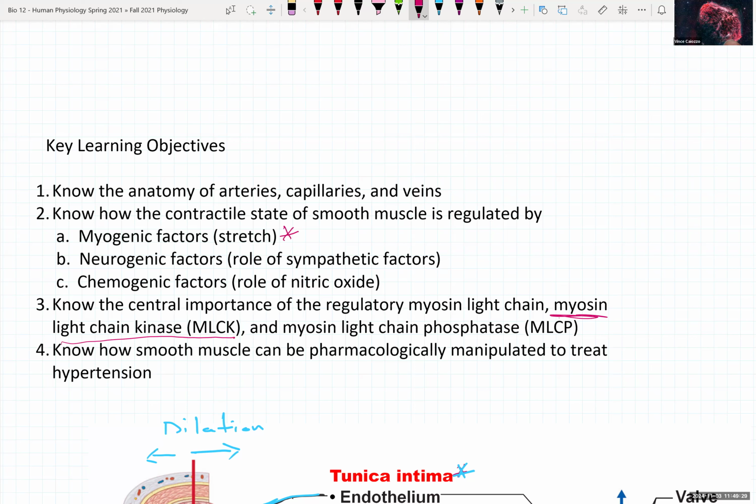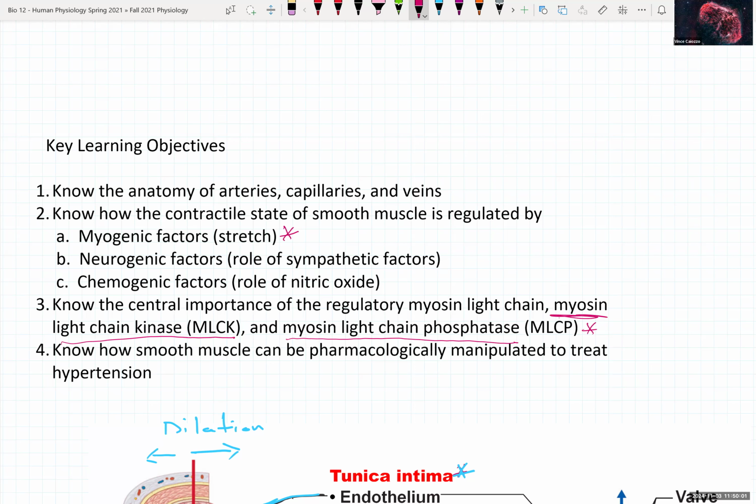So in this case, myosin light chain kinase is responsible for the phosphorylation of the regulatory myosin light chain. There also is the other side of this coin, so to speak, the involvement of myosin light chain phosphatase. Phosphatases are involved in removing phosphates. This leads to turning off the contractile apparatus in smooth muscle.